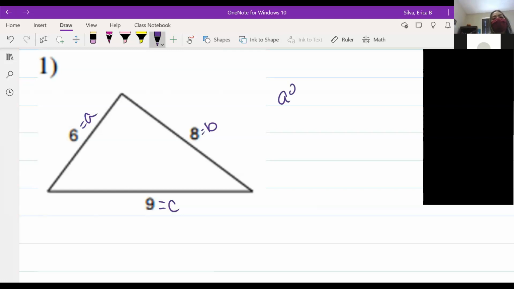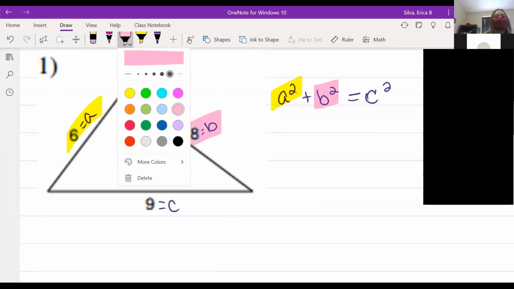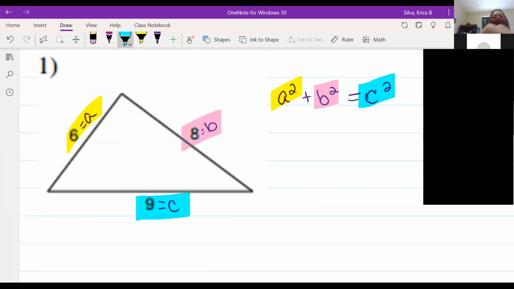So let's set it up. A squared plus B squared equals C squared. So here's my A, my B, and my C. Let's substitute. We've got 6 squared plus 8 squared equals 9 squared. So let's go to our calculator.